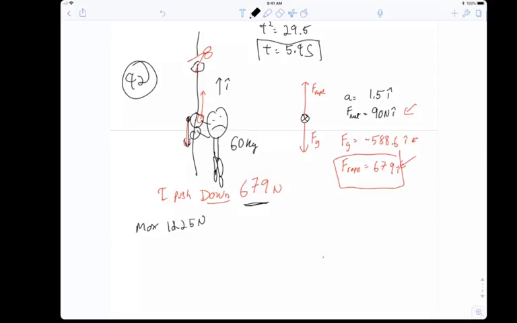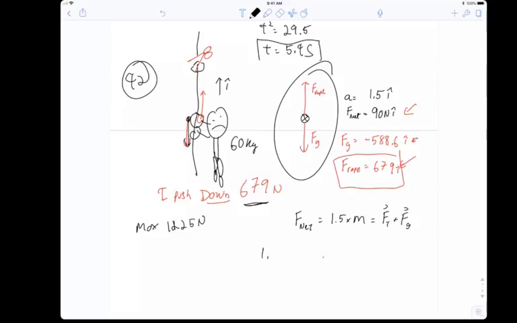So let's just write out this equation. F net is equal to 1.5 times the mass, and this is equal to the tension force plus the gravity force.